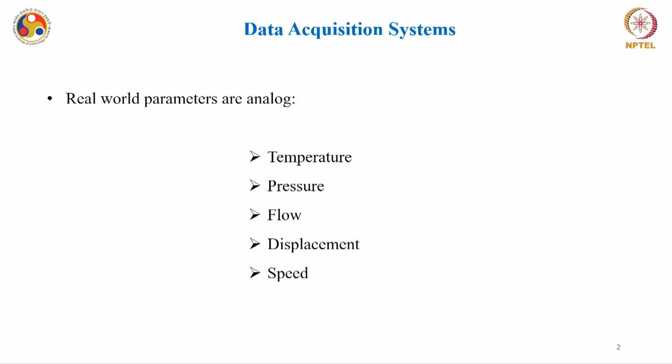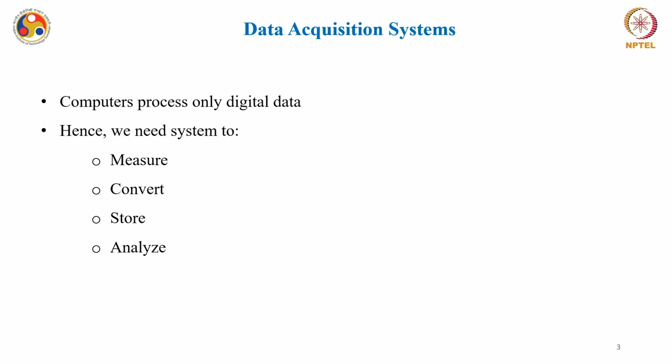Most of the real world parameters are analog signals. Now, the processors that we have can process digital data, and therefore we need systems which can convert these analog signals to digital signals to feed these processors. Of course, you have different stages of conversion of these analog signals to digital signals. You also want to store them in digital form and then analyze the data, or sometimes you simply want to display them.